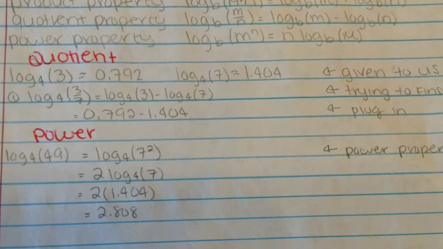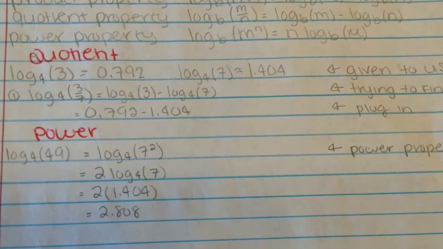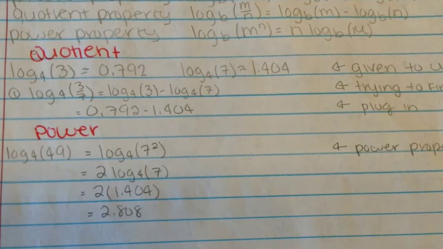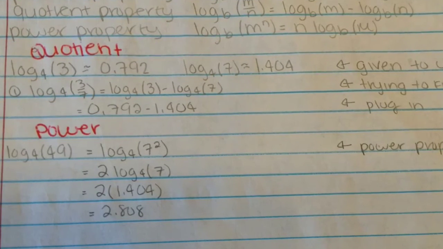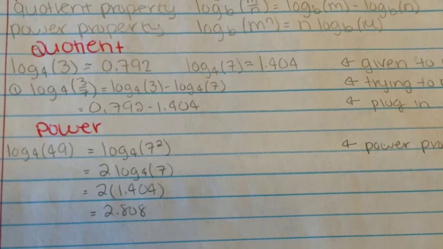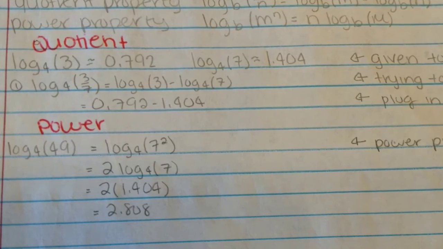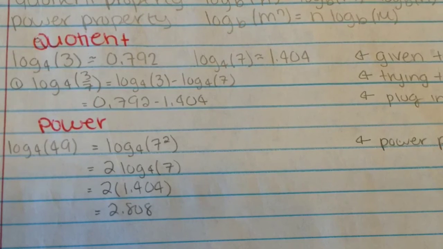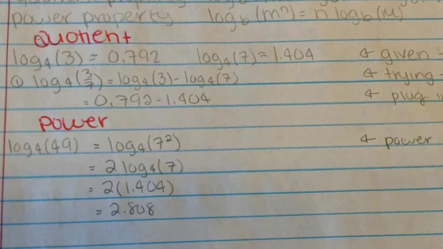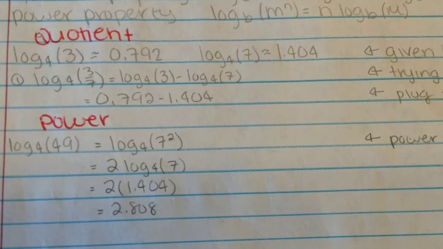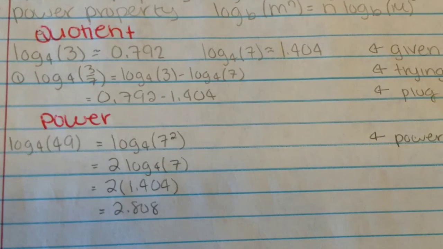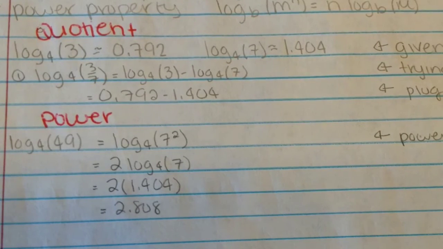And now we go on to the quotient property. And as I said in the beginning, the quotient property is log b of (m divided by n), which would equal log b m minus log b n. An example for us would be log 4 of 3 equals approximately 0.792, which we already said, and log 4 of 7, which would be approximately 1.404.